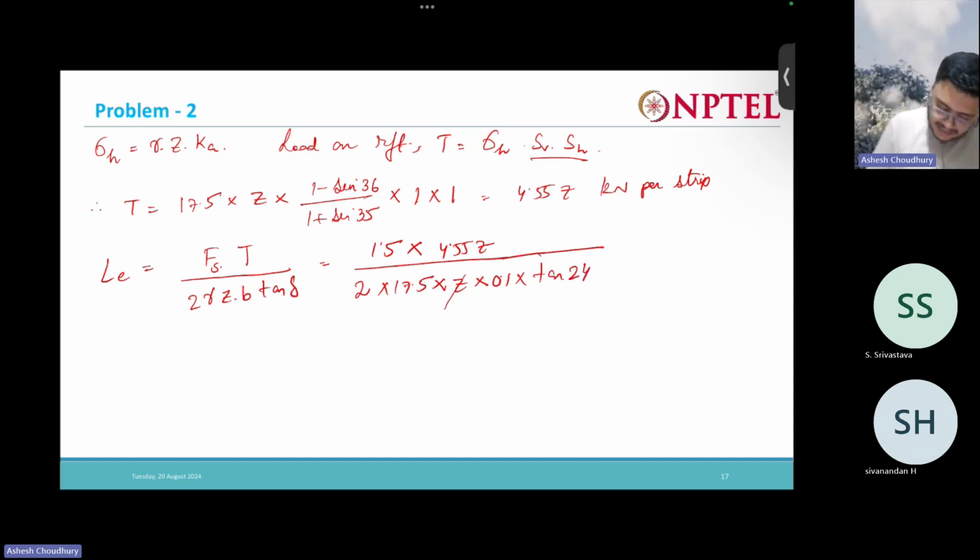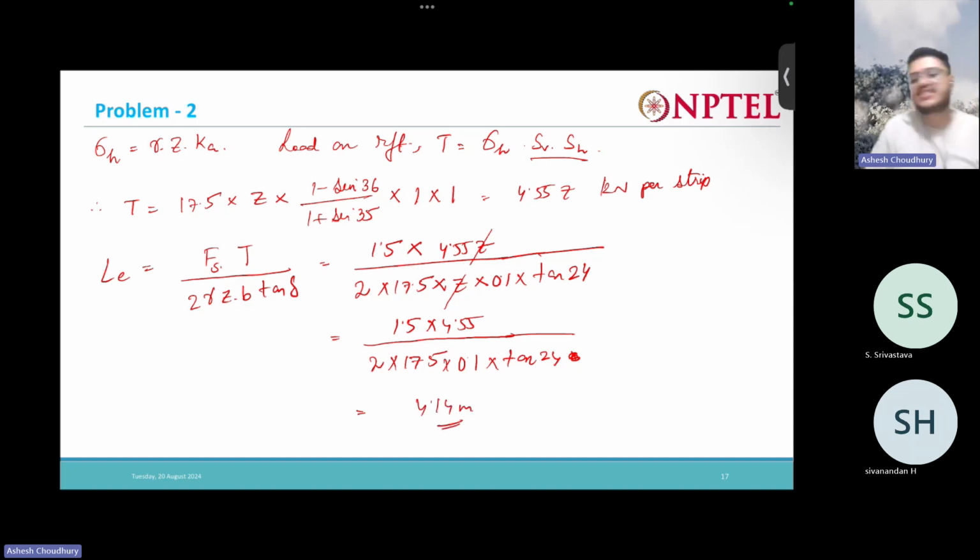Okay, so Z will cancel out, right? So you are seeing that here the embedment length is independent of Z. The embedment length is fixed, it is independent of Z. So here the embedment length is a fixed value.